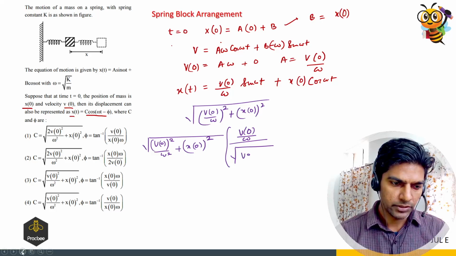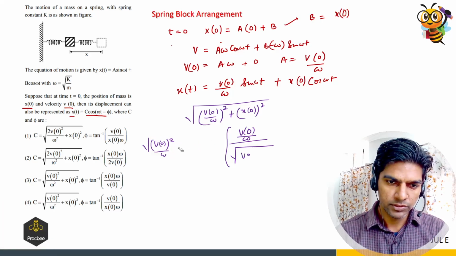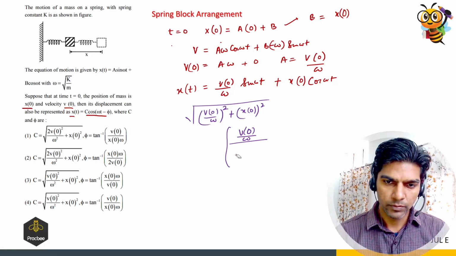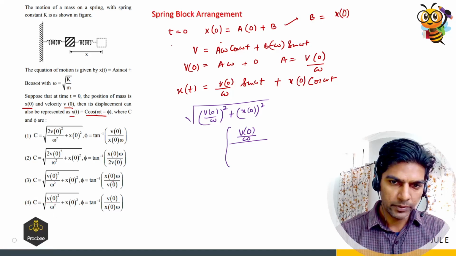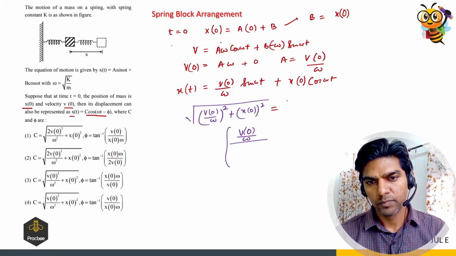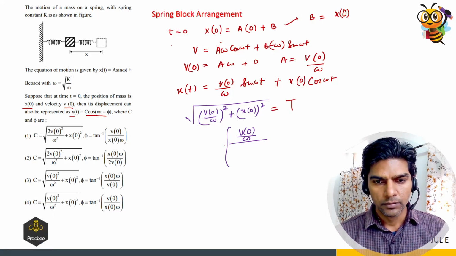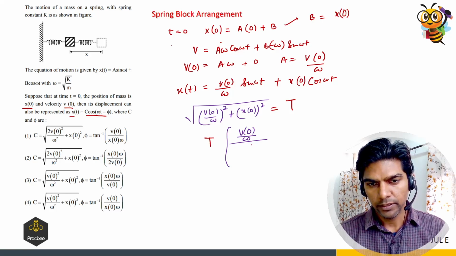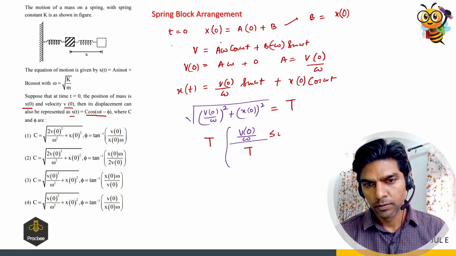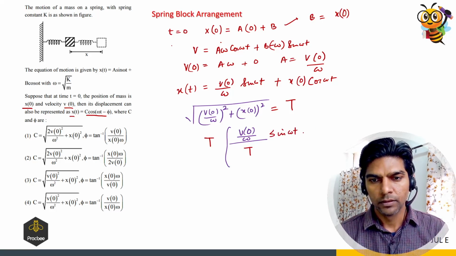Let me just take it as some constant, no need to write it multiple times. So I'm taking this as, say, capital T, right? So this will become V0 by omega divided by T times sin omega t, plus x0 divided by T times cos omega t, right?